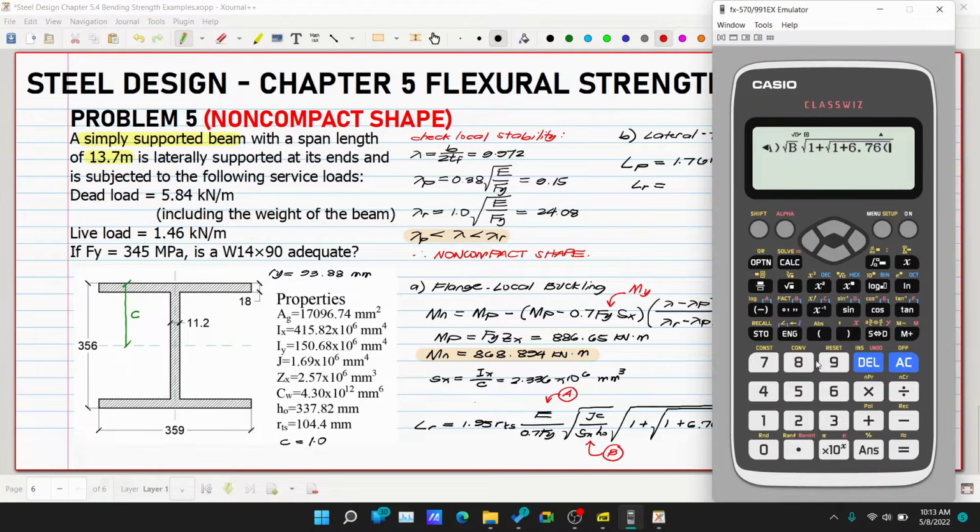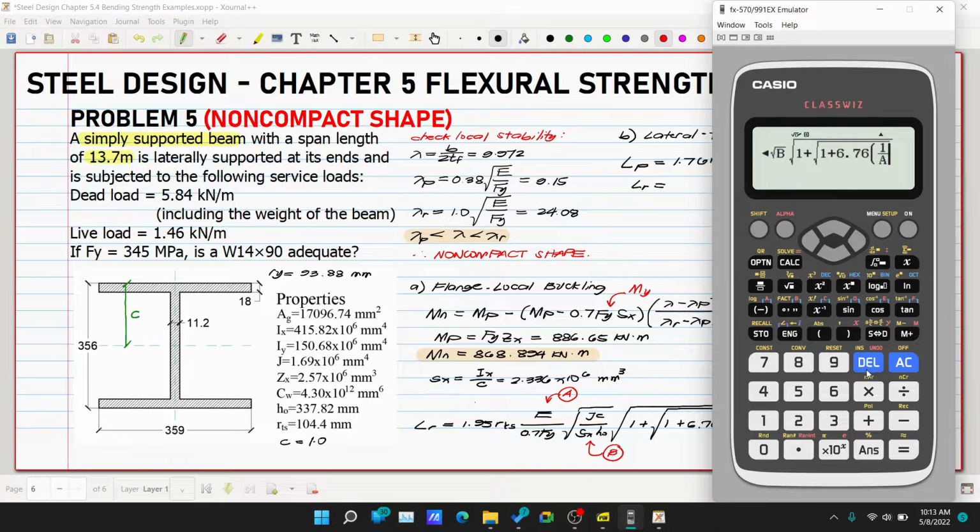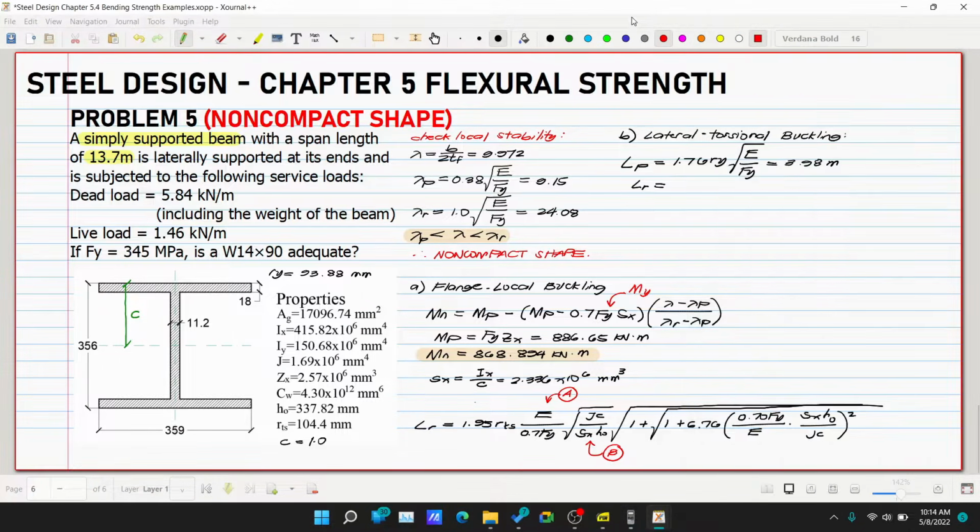So, gagawin natin 1 over A. And then, okay, so nasa loob, no? Then, yung ating Sx ho over Jc is reciprocal ng ating alpha B. So, multiplied by 1 over B. Then, square. Ayan. So, 12.996. So, divide natin ng 1,000 para maging meter. Estimate natin 13 meters na siya. So, ang ating Lr is 13 meters.